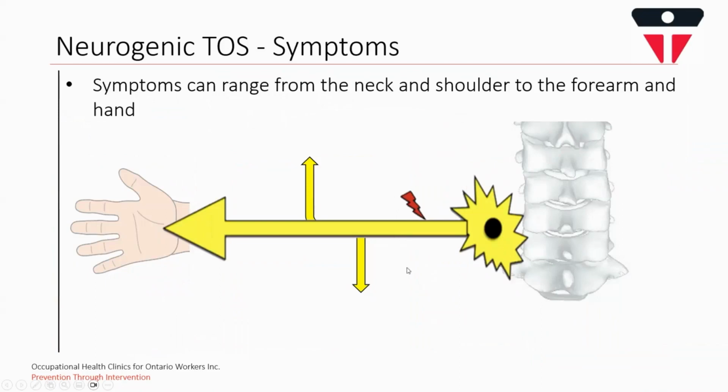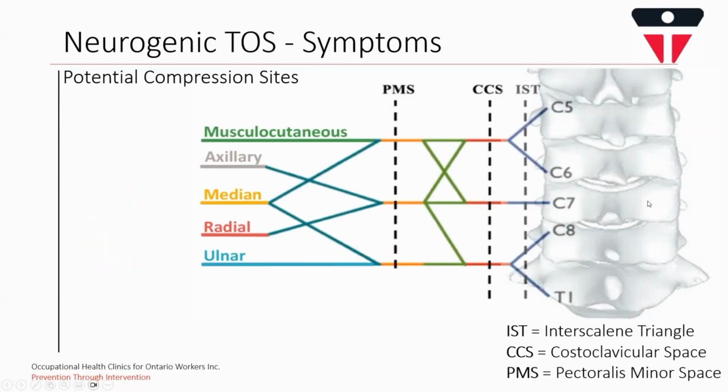Symptoms themselves can range anywhere from the neck and shoulder down into the forearm and even the hand. Where the symptoms occur actually depends where the compression happens, whether it's at the interscalene triangle, the costoclavicular space, or the pectoralis. And then again, at what level it's occurring of the nerves as they leave the spinal cord.